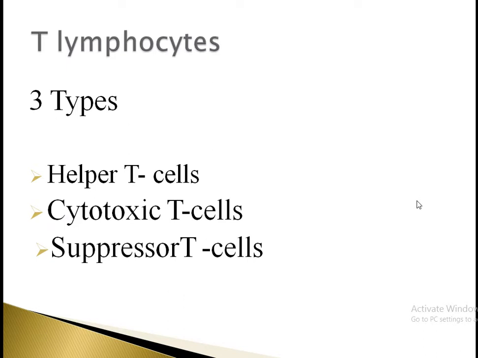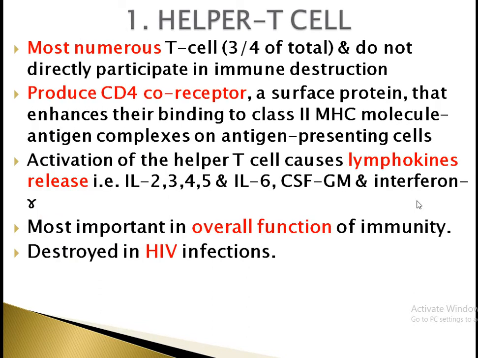Now I am telling you what these cytotoxic cells, helper cells and other cells are. Actually, T lymphocytes are of three types basically. We can have helper T cells, cytotoxic T cells and suppressor T cells. Mainly the helper T cells, as their name shows, help this process, and they help the other types of T lymphocytes.